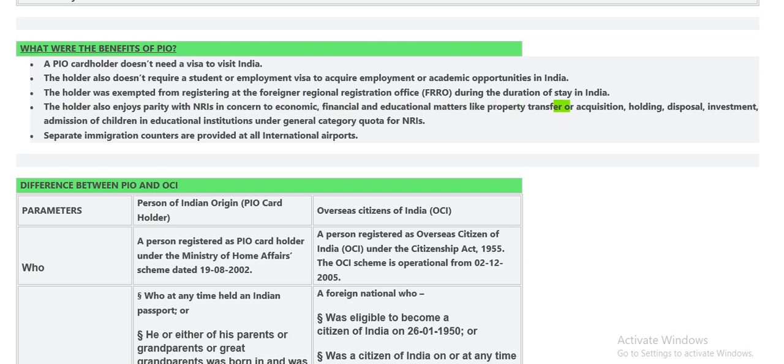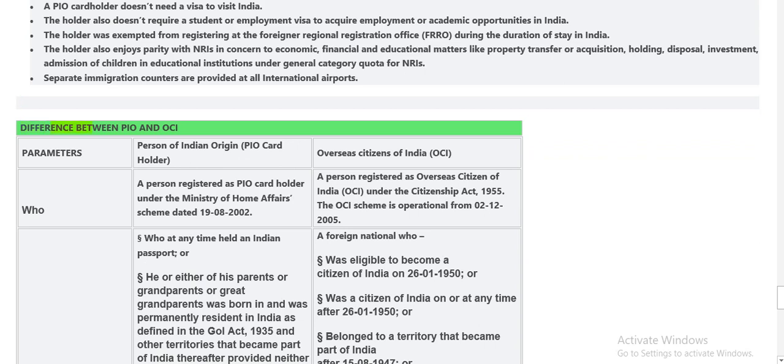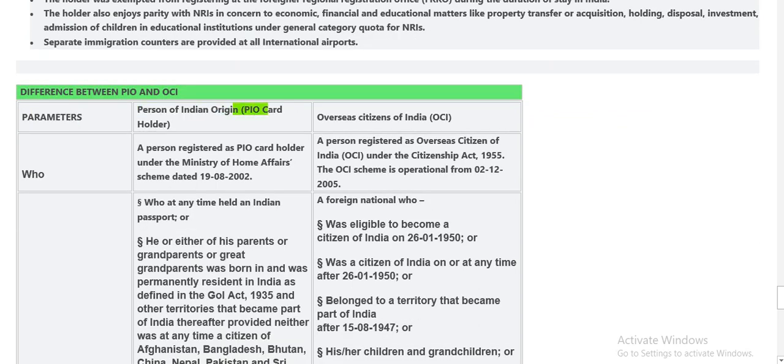The holder also enjoys parity with NRIs in economic, financial and educational matters like property transfer or acquisition, holding, disposal, investment, and admission of children in educational institutions under the general category quota for NRIs. Separate immigration counters are provided at all international airports.